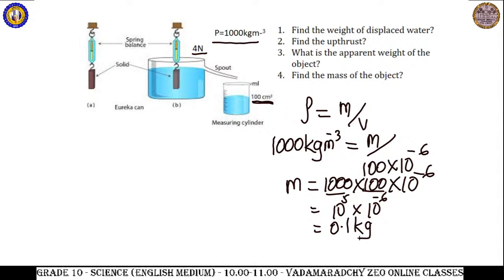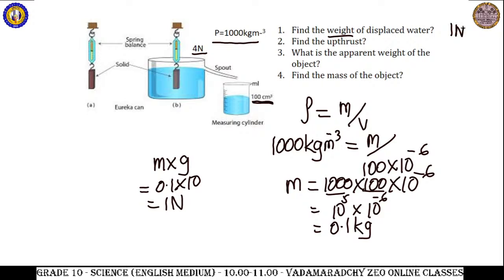This is the mass, but our question is weight. So we multiply this mass by gravitational acceleration, that is 0.1 into 10. It becomes 1 Newton. So the weight of displaced water is 1 Newton.